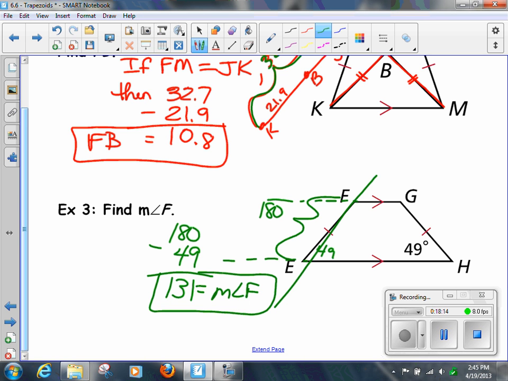Remember with triangles how the congruent marks point to the angles that are congruent? Is that the same thing? It is the same concept, absolutely.